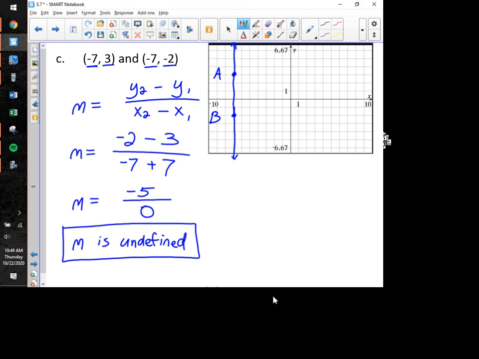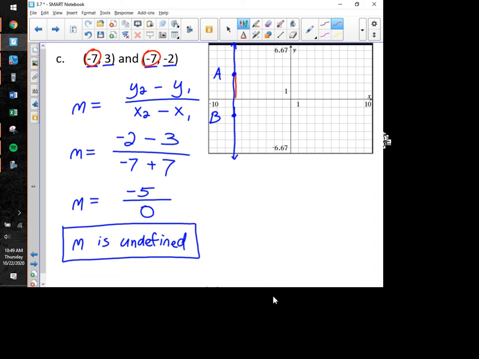Well, if you go back to the very first slide, what type of line did we say doesn't have a slope or has an undefined slope? That was a vertical line. And sure enough, if you take a look at this, guys, the graph certainly looks like a vertical line, which happened because your 2 x coordinates were exactly the same number. So there is a rise, everybody.